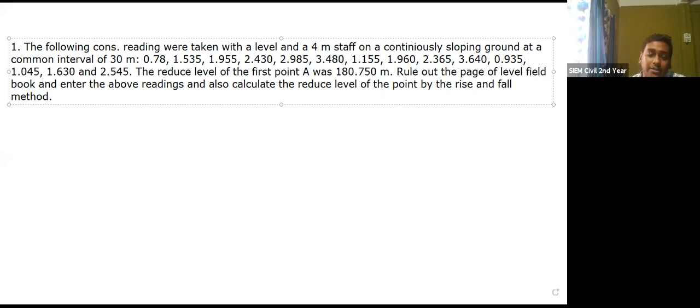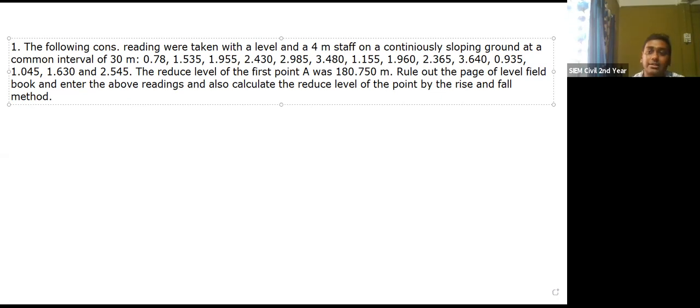After 1.155, all the readings, that means 1.960, 2.365, etc, are intermediate readings. After 2.365, the 3.640. After 3.640, another fall is there, that means 0.935. So 3.640 is considered as the FS, and 0.935 is considered as the BS.